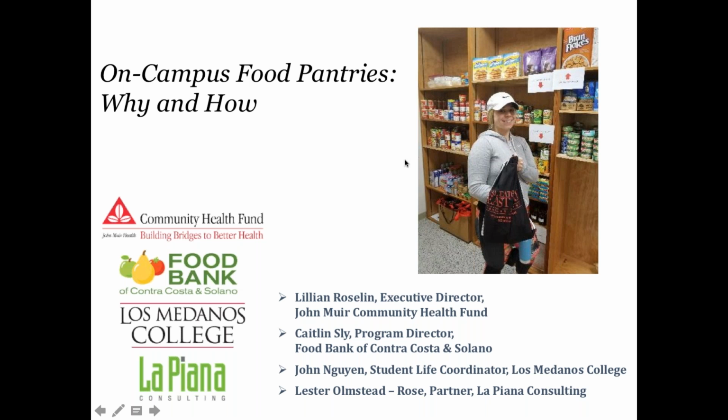So you'll see that the poverty level here also aligns with the ages of the majority of the students that are attending our local colleges. The median value of owner-occupied housing is $520,000, and the median two-bedroom monthly rental is approximately $2,000 a month.